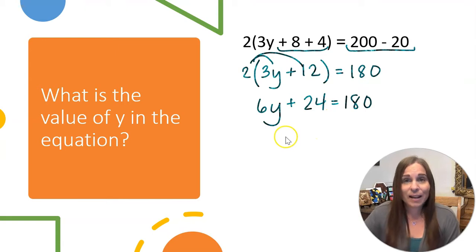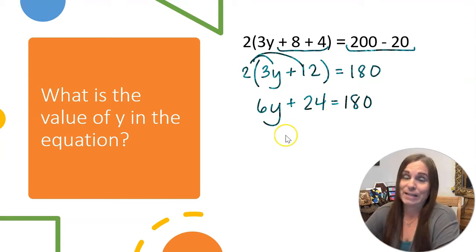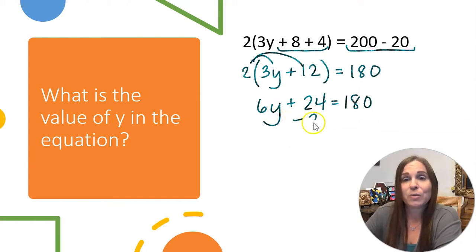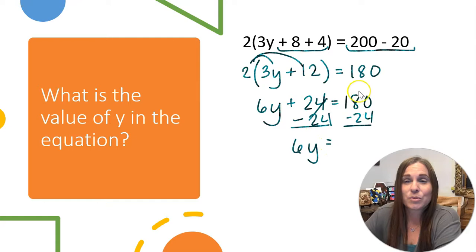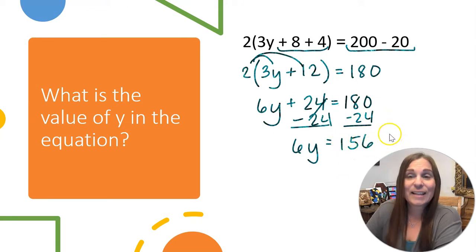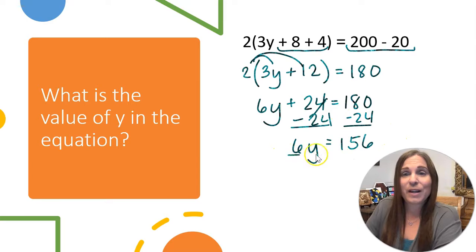Okay. Now we're going to solve this basic two-step equation. First, I would subtract 24 from both sides. That leaves me with 6y equals, what does that equal? 156, right? And then the last step would be to divide by 6 on both sides.